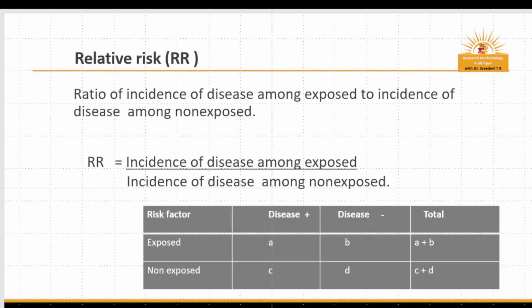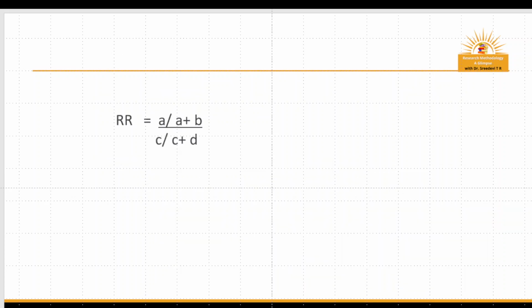RR equals incidence of disease among exposed divided by incidence of disease among non-exposed. That is A by A plus B divided by C by C plus D. This can be explained with an example.